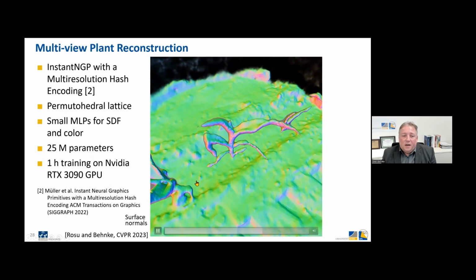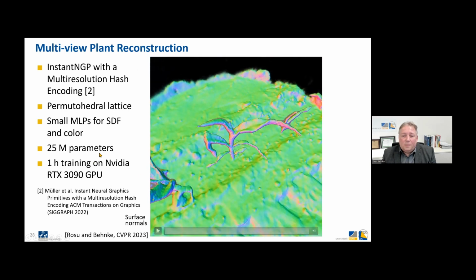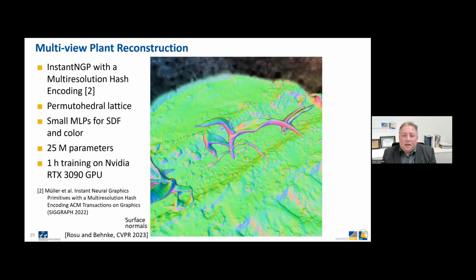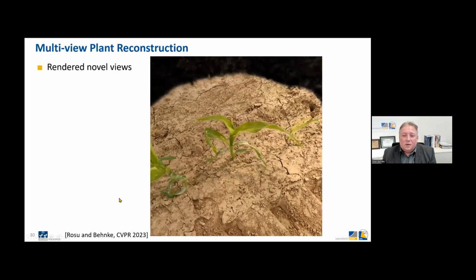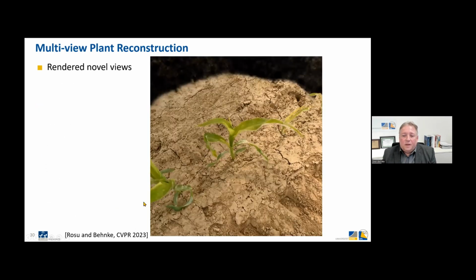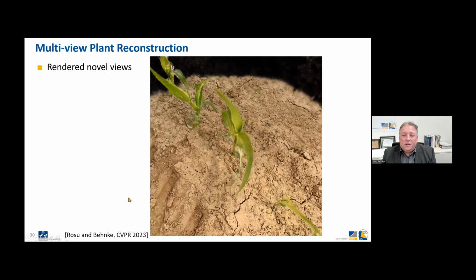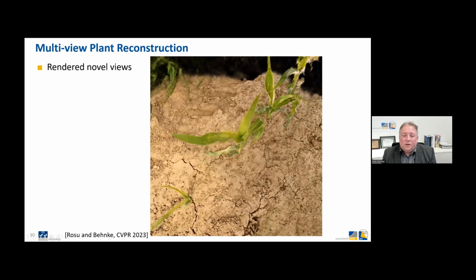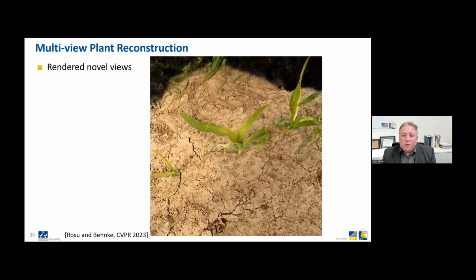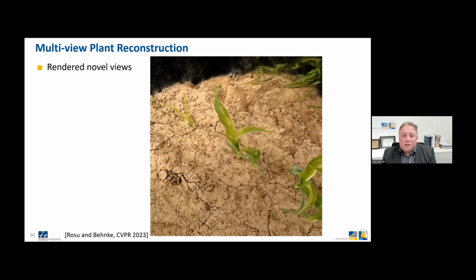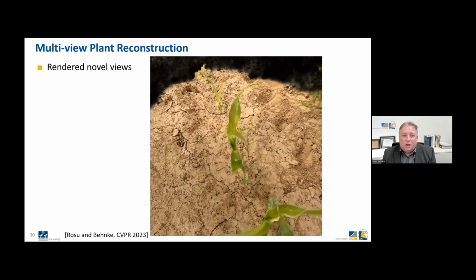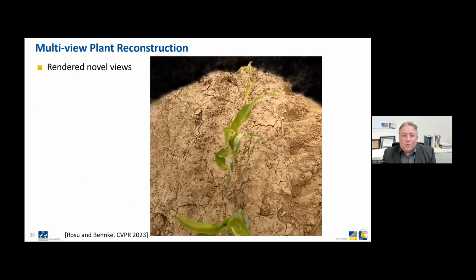And we do not have so many parameters in this network. We can train it in a reasonable time, and we get, now where's the video? Okay, sorry. We can quickly render novel views of the scene that have a high level of detail in geometry and also in the texture and in the color spatial distribution.